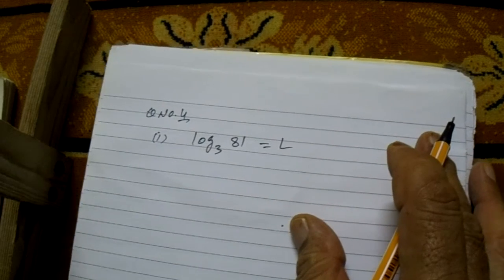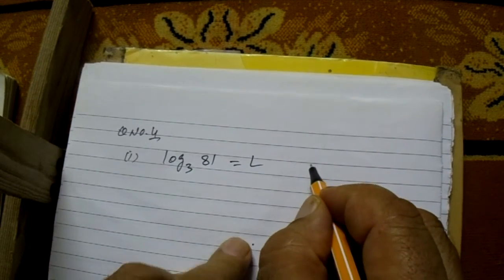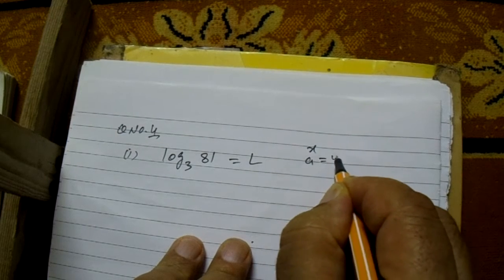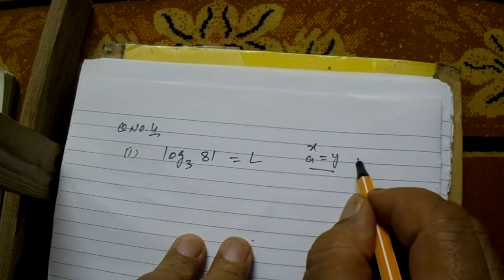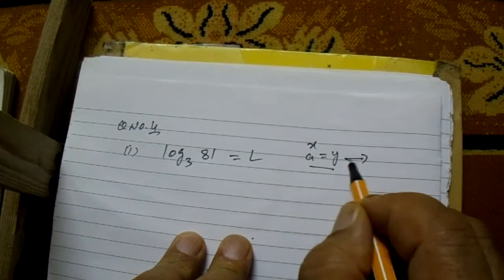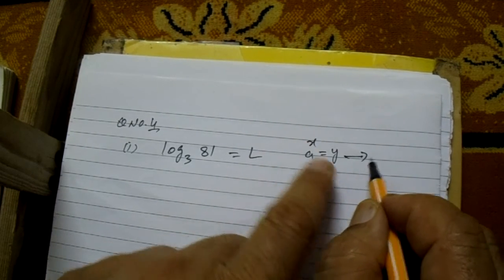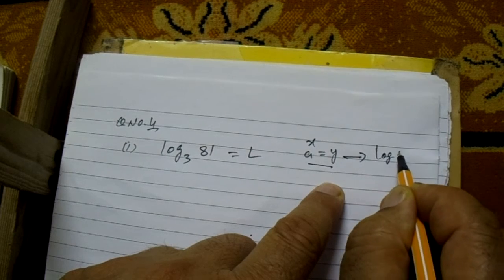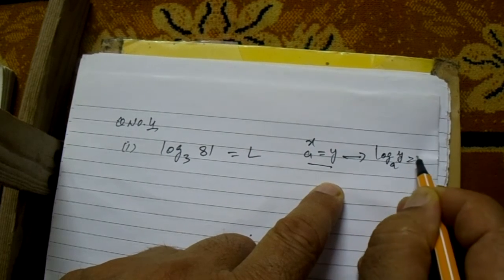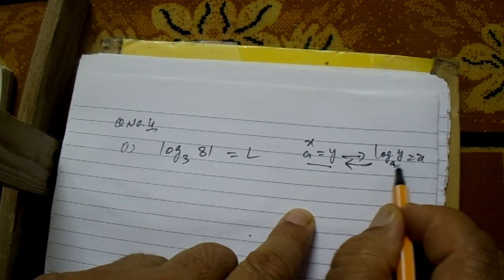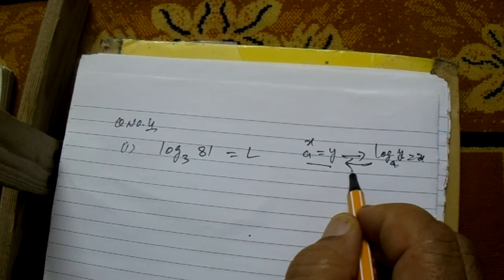Now here we will use this relationship: a power x is equal to y. This is the exponential form. We write in logarithm form: log y to the base a is equal to x. Again we write back a power x is equal to y.